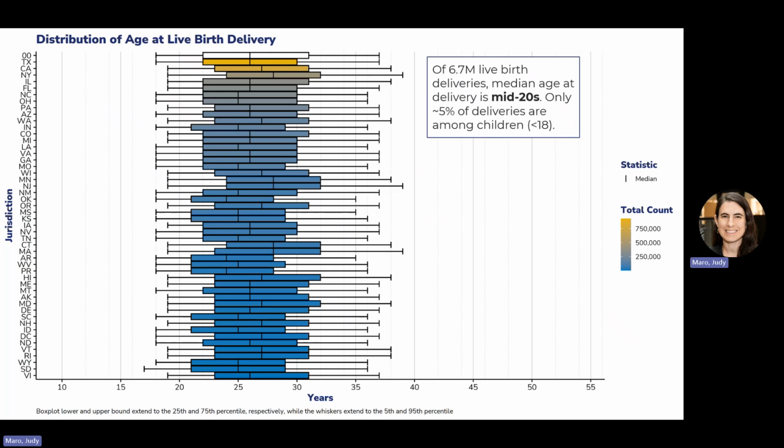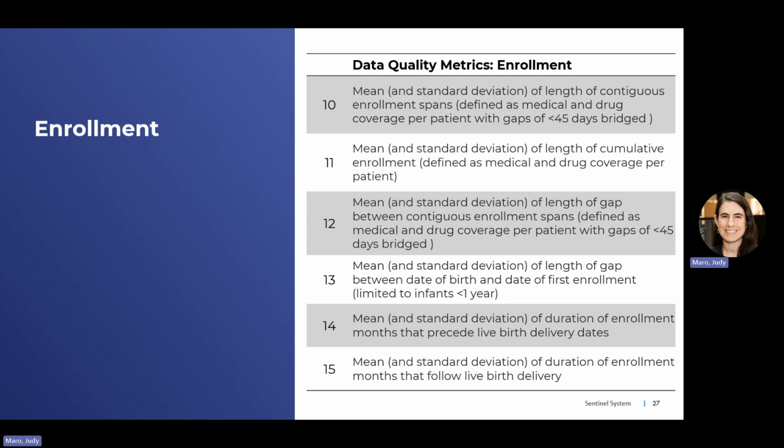And in all of these distributional statistics slides, you'll note that the interquartile range, or the 25th through the 75th percentile, is shown here on the screen, with the bars extending to the whiskers at the 5th and the 95th percentile, where the median is where the line is in the middle of the interquartile range bar here. And so another thing that you can tell from looking at this is that only 5% of deliveries are among children or pediatric patients. And so with that, we'll move on to our enrollment characteristics.